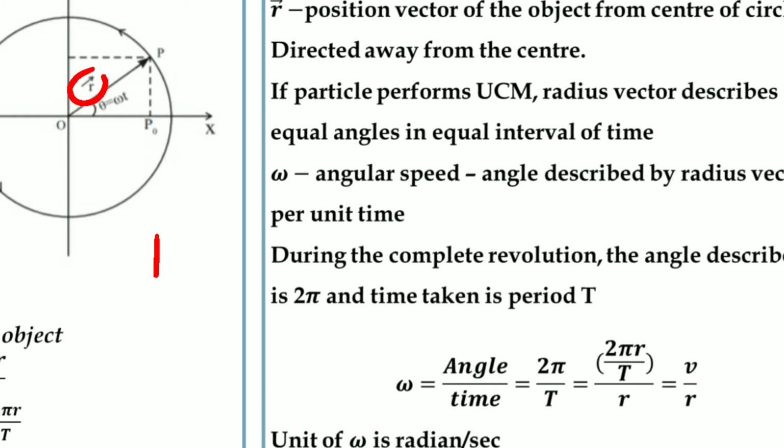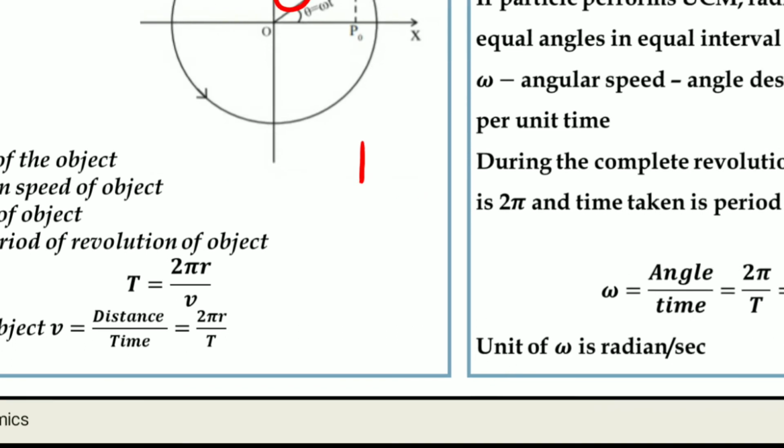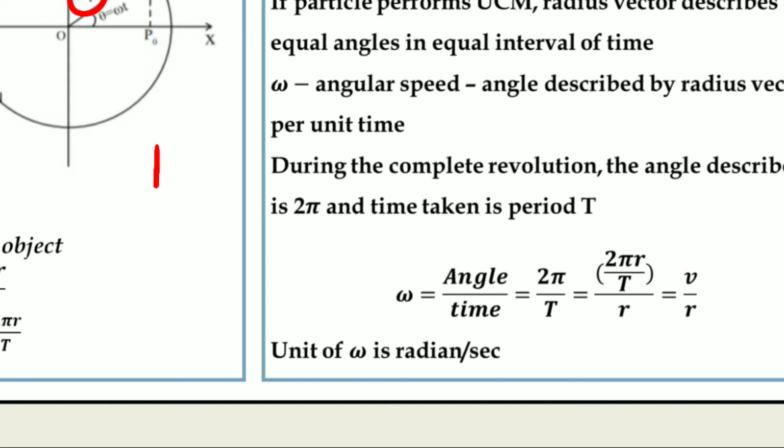Now you can multiply and divide this equation by r. Then what you will get is 2 pi r divided by T, divided by r. And here the speed is 2 pi r divided by T, which you have calculated. The speed of the object v is equal to 2 pi r divided by T, which we insert here, so omega equals v divided by r.